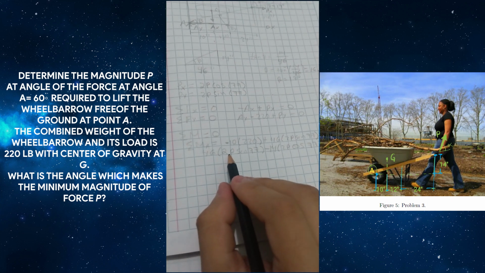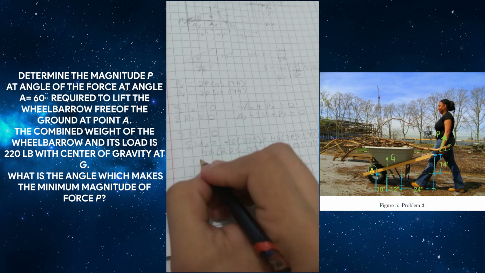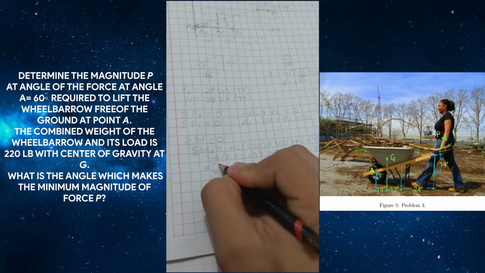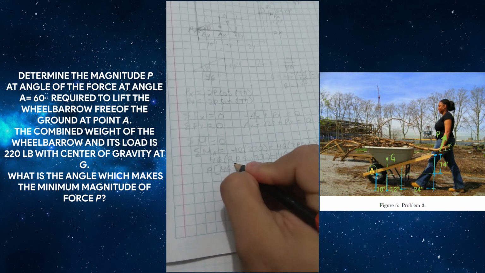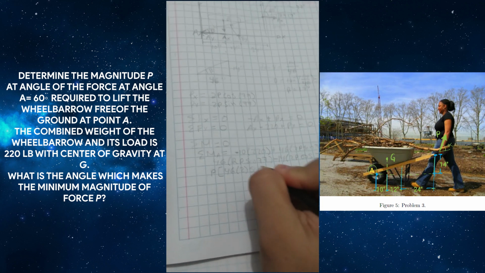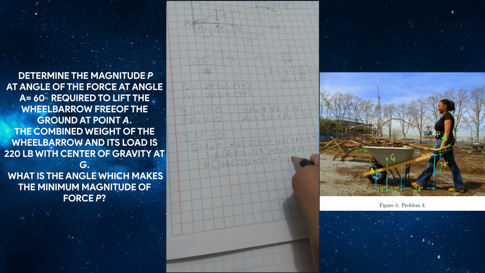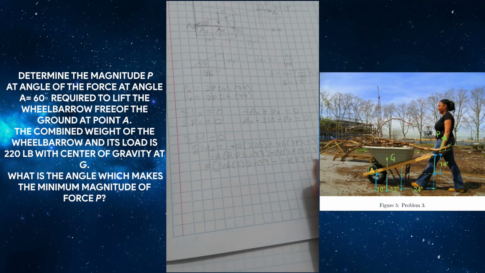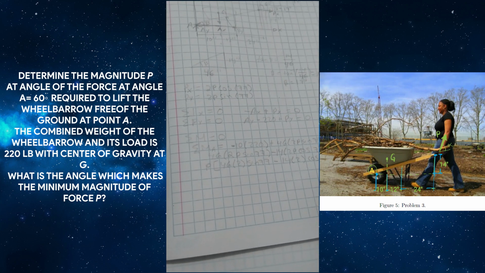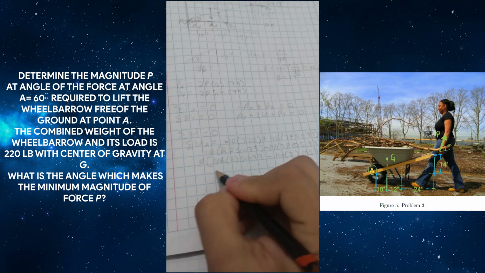Here I can factorize the variable P, that is 46 times 2 times sine of 77 minus 14 times 2 times cosine of 77, and all of this is equal to 2200.